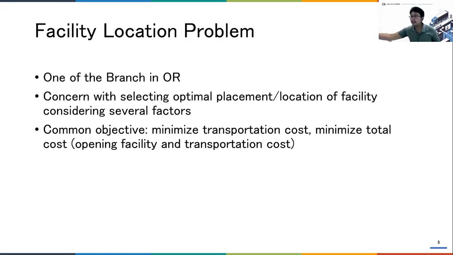It is how we can decide where we will locate the facility needed to support our supply chain network. So basically, a decision related to facility belongs to strategic decision.